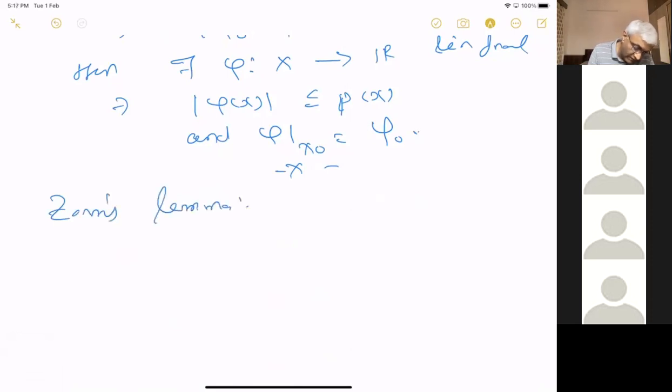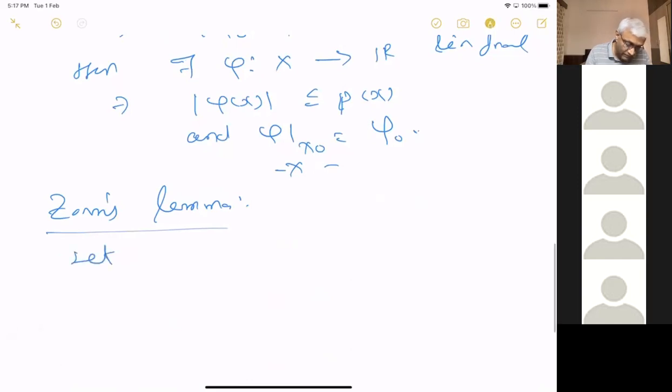So the ingredients for Zorn's lemma are the following. We need some definitions. Let script P be a partially ordered set.